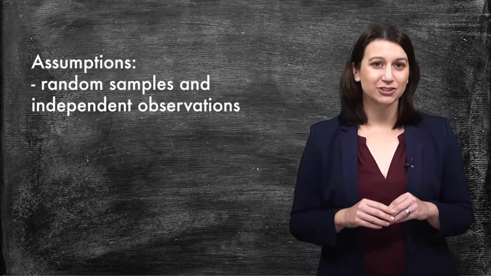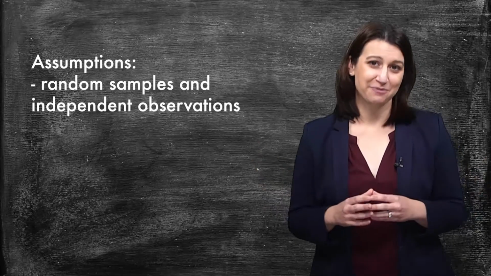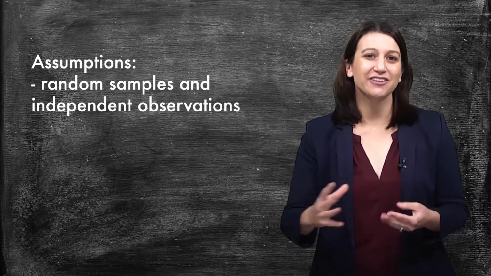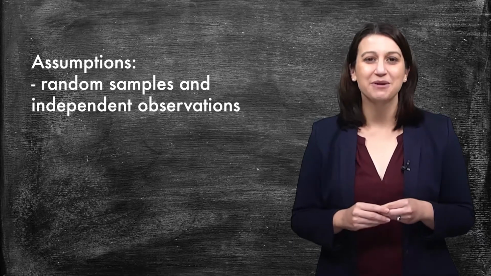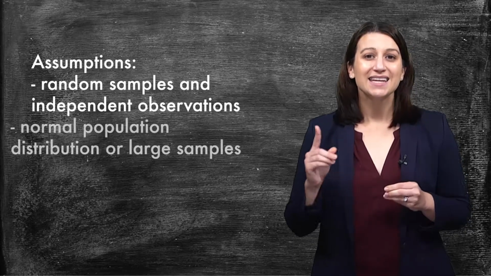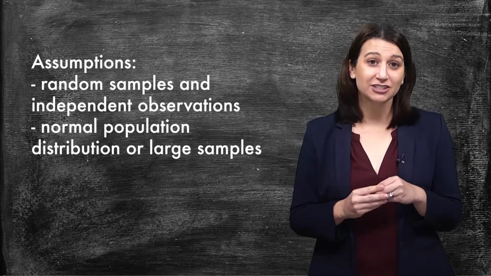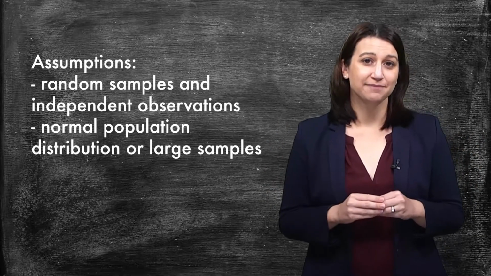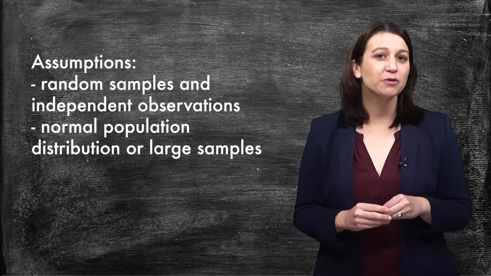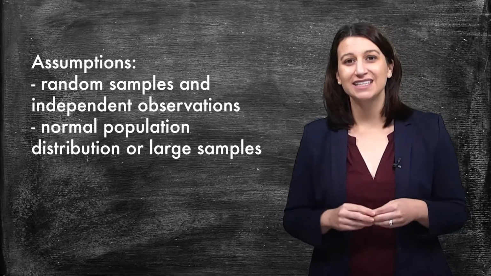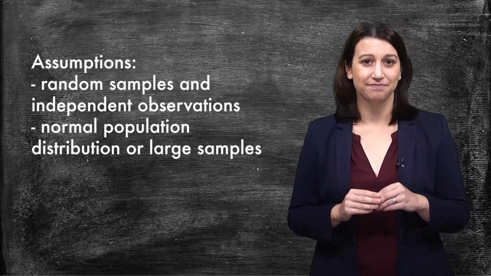To begin our test, we will again check our assumptions. First, we have to ensure we collected a random sample of data, which I did when I created this data set using a random number generator. Next, we need to make sure we have a normal population or large enough samples. In this case, both my samples were large at 76 and 86.